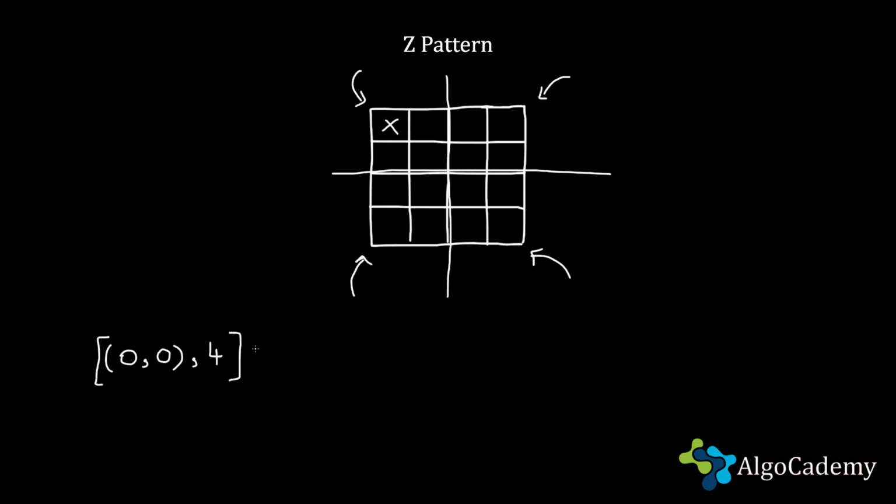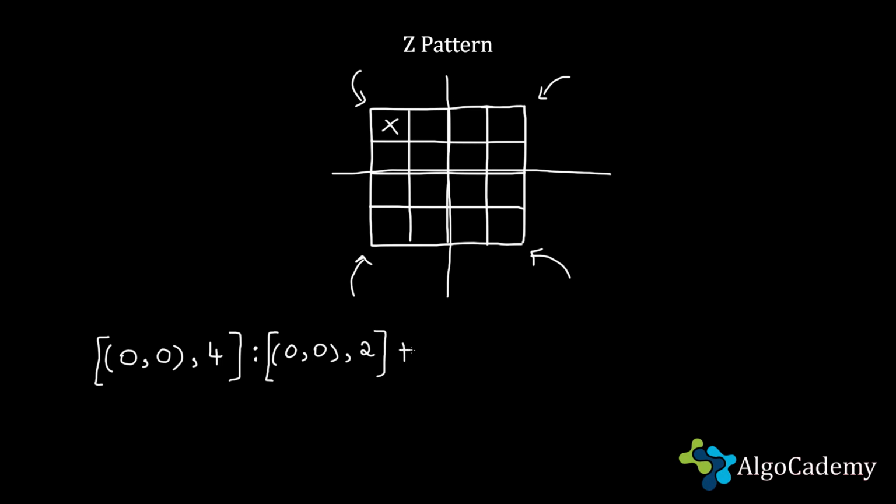Now, in order to solve it, I'm gonna need to solve 4 different subproblems, right? The first one is filling this quadrant with numbers. This quadrant is identified by its upper left corner, which is also 0, 0, right? But this time, its length is 2. So see, the length is very important to differentiate the subproblems.